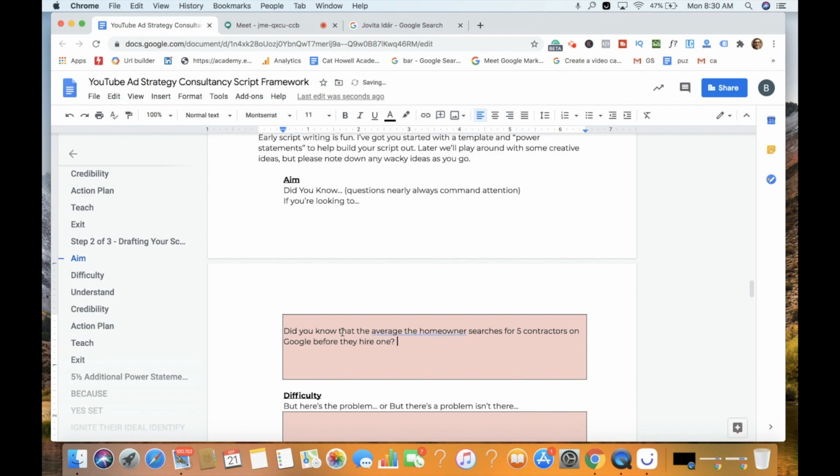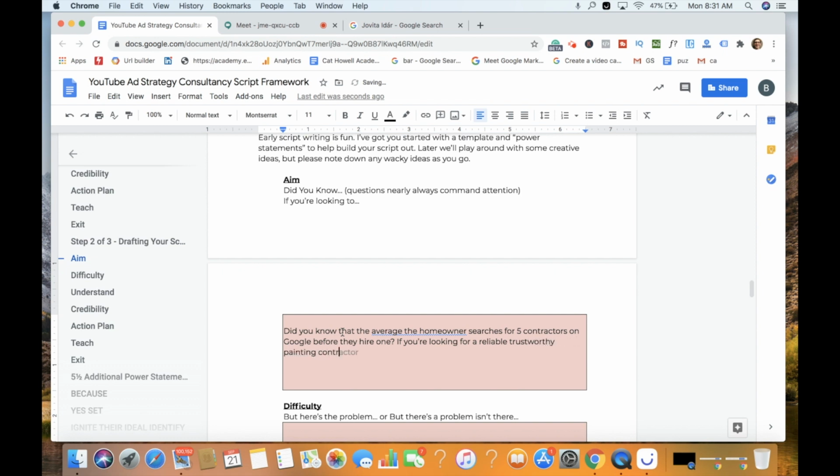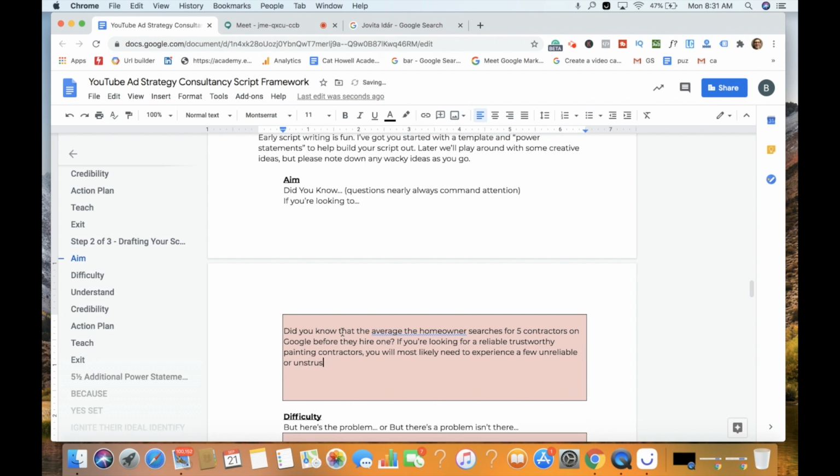And then maybe say after that something like, if you're looking for a reliable, trustworthy painting contractor, you will most likely need to experience a few unreliable or untrustworthy contractors before finding one you can keep.